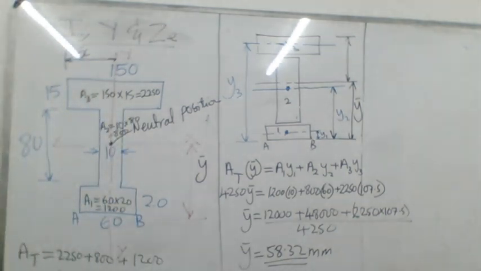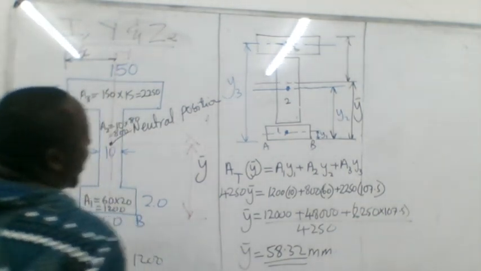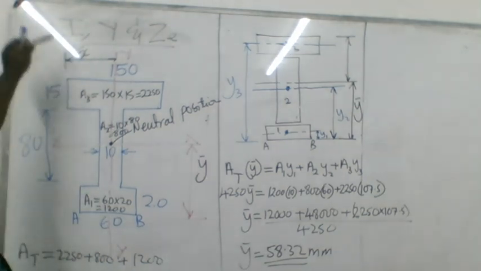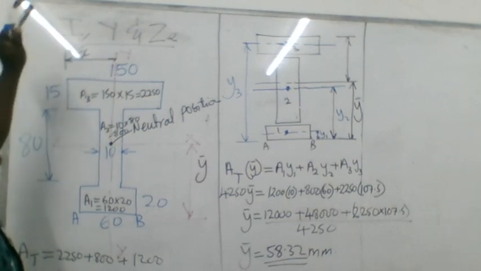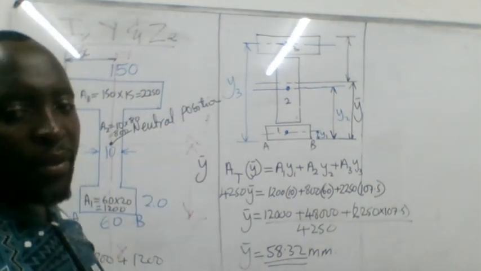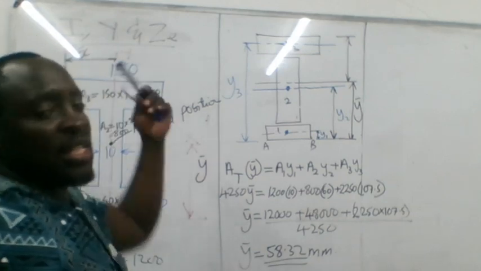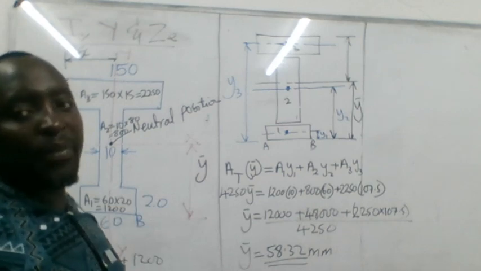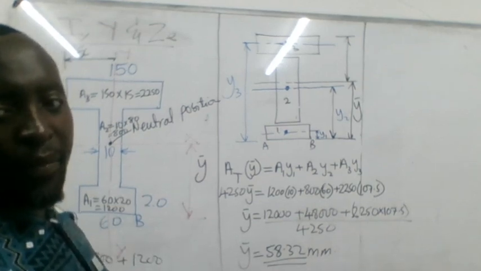That is how you come up with your Y bar. Okay, so after that, the next part we will need to look at is how do we find I. You can only find I after you have found Y bar. Then ZE is easy because it's the I divided by Y bar. Okay, thank you.